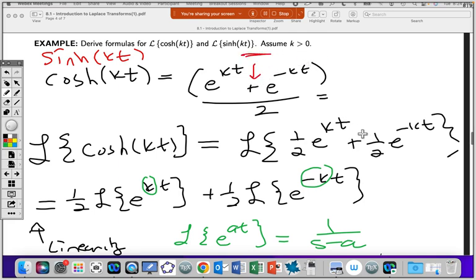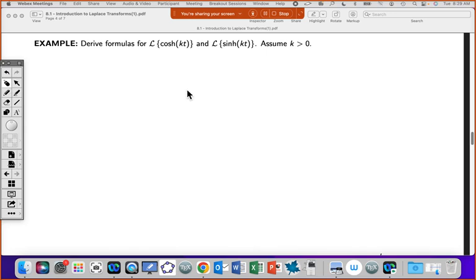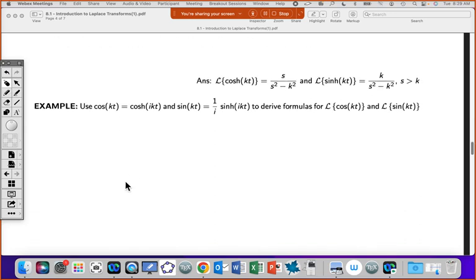So that would be a minus there, a minus there, a minus there, a minus there. So here I would get s plus k minus s plus k. So don't forget to distribute the negative. So these would cancel out, and I'd be left with 2k in the numerator, which would leave me with a k. And that's how we get our formulas here.